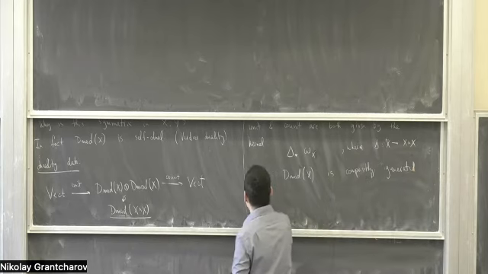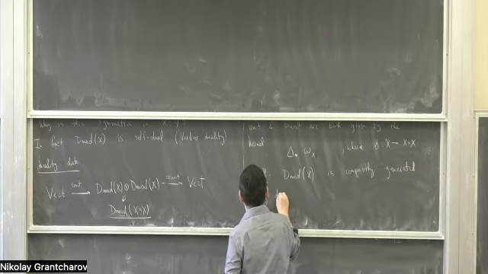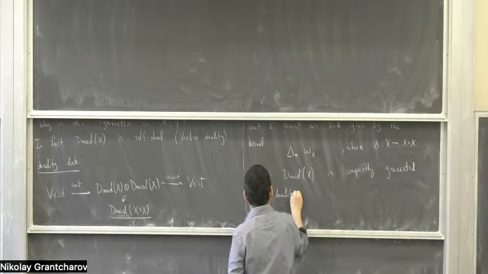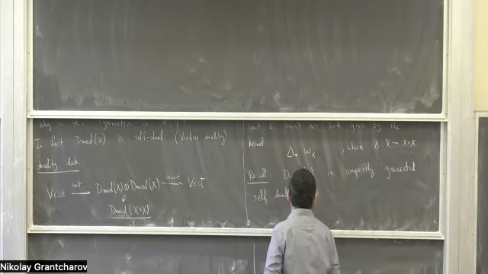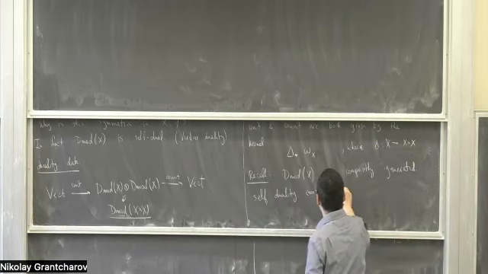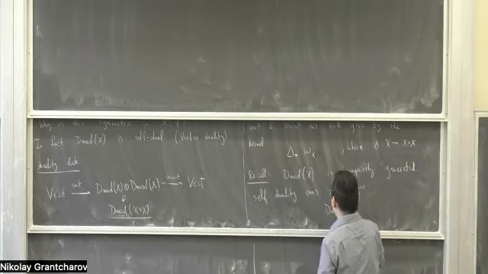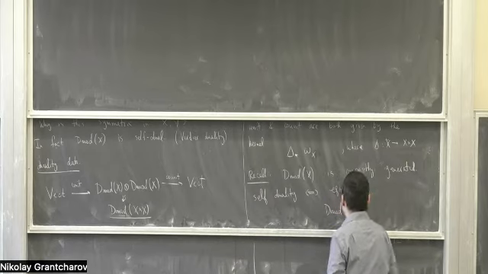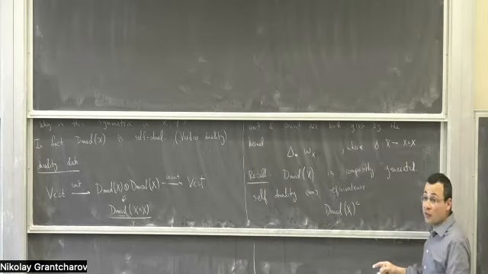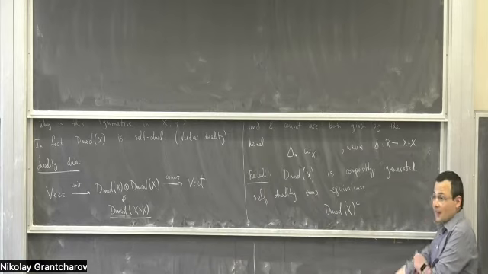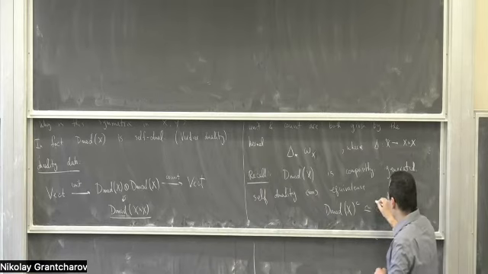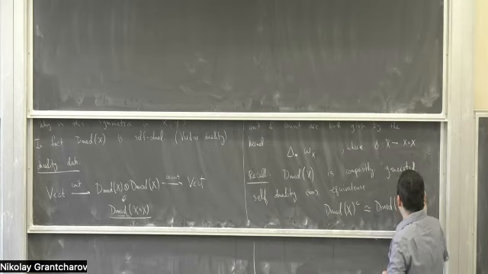What this means is that a self-duality is equivalent to an equivalence of categories between the category of compact objects and its opposite.